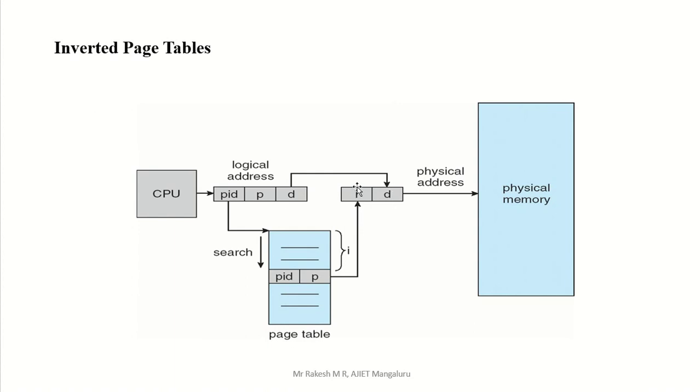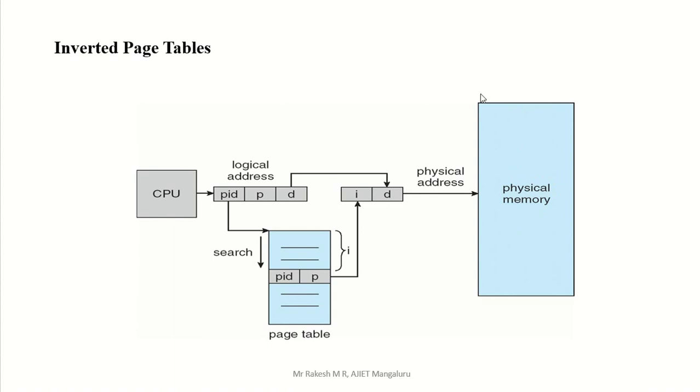That F, the frame number, is sent as the physical address to memory. In that particular frame we have the page, and that page is sent to the CPU for execution by the OS.